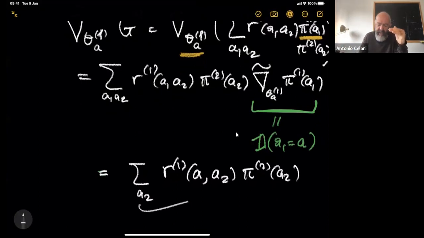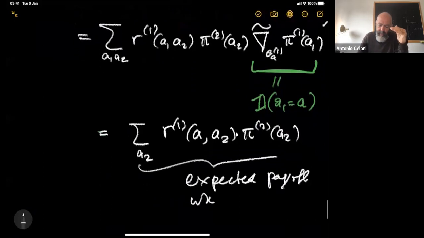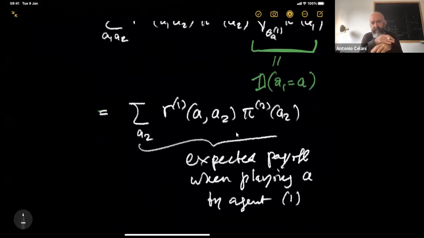So this is exactly the expected payoff when playing A by agent 1. And the same happens if you reverse sides. That's the same kind of expression that you find.